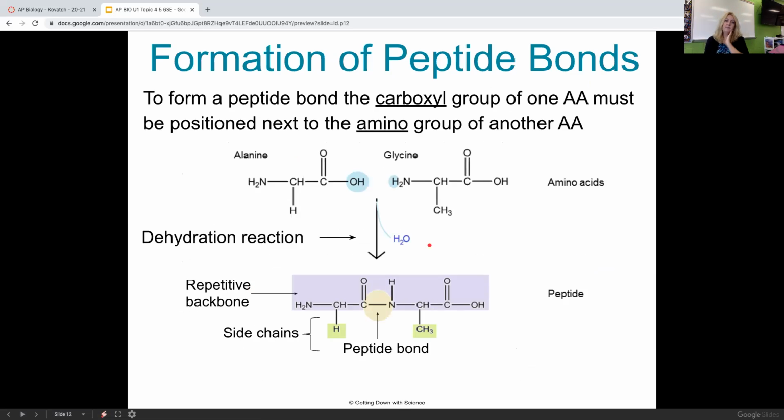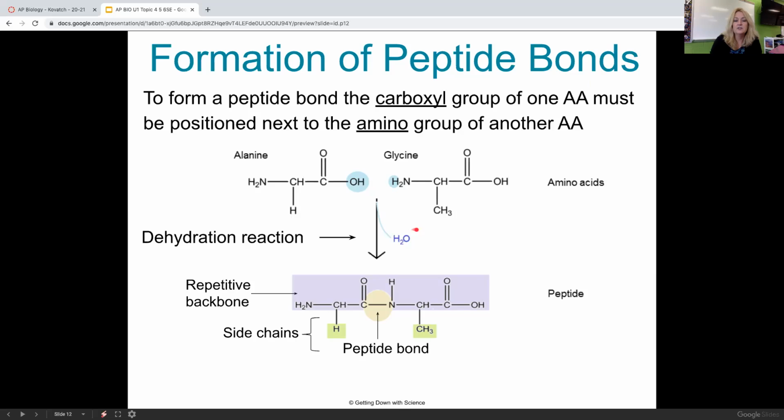To form a peptide bond, if you look at this example here, the carboxyl group of one amino acid is positioned next to the amino group over here of another amino acid. And what we have is the hydrogen from the amino group and the OH from the carboxyl group are removed, and that is going to be water.